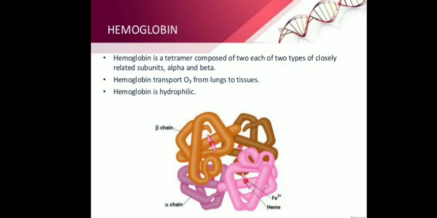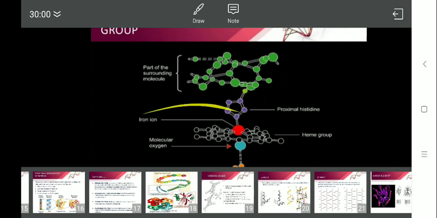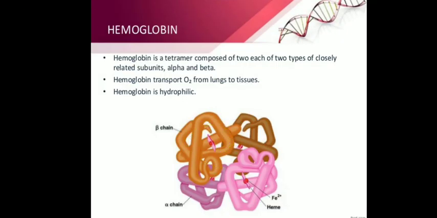It is a tetramer composed of two types of closely related subunits, alpha and beta. Here you can see the subunits alpha and beta are joined to each other, and a heme group, the iron containing group, is present in the structure of hemoglobin.